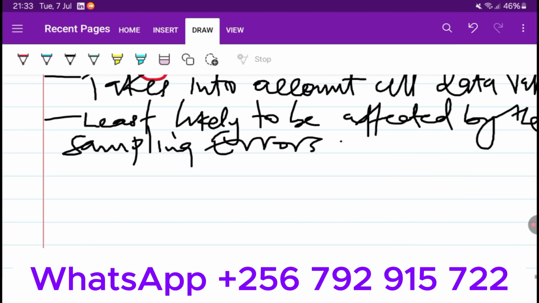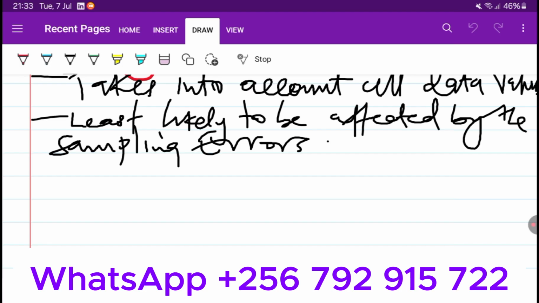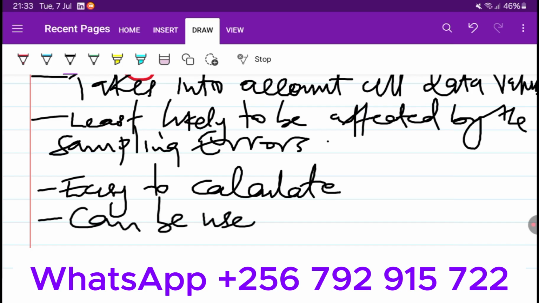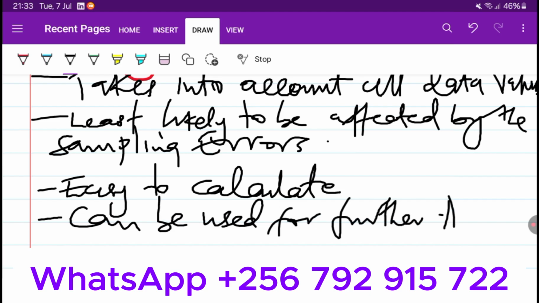We have said they are easy to calculate because they are straightforward. Then it can also be used for further algebraic calculations.